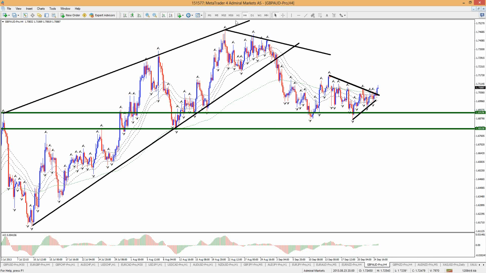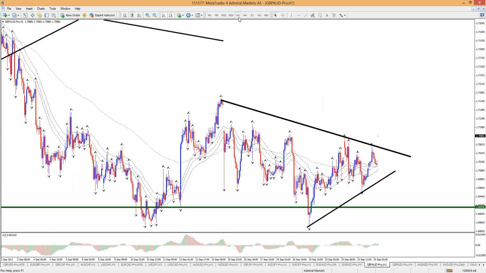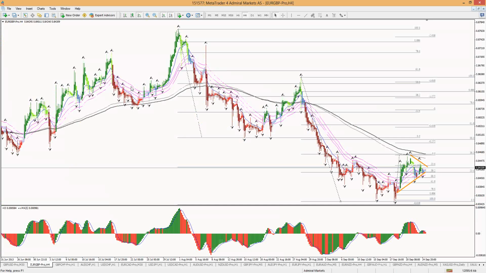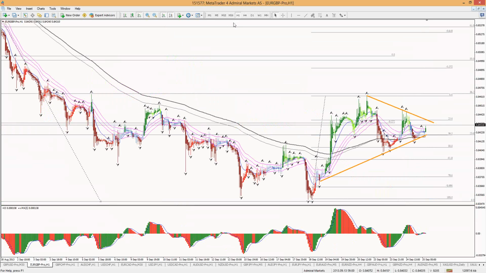Absolutely. The pound odd, in fact, Edith, is just breaking out the same way as the euro odd. We can take a look at the euro pound once again to see which of the two we could expect a bit more strength, the euro odd or the pound odd. The euro pound is bouncing actually off the bottom of the triangle.